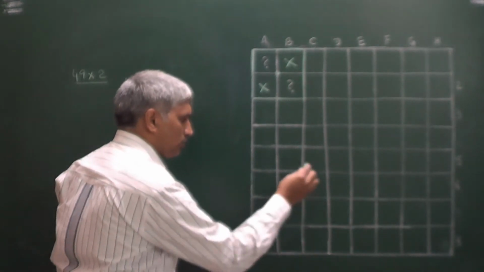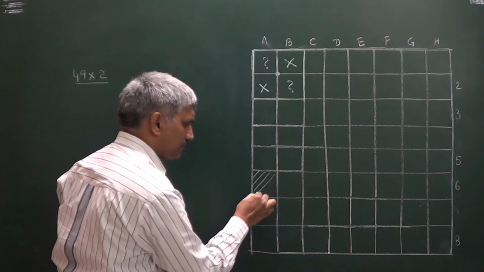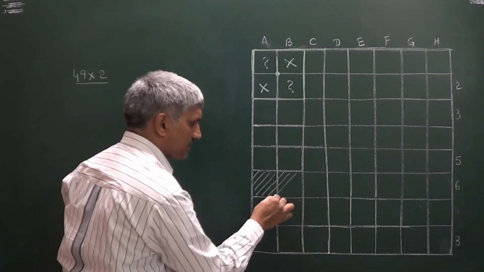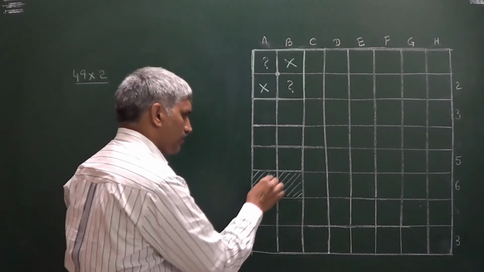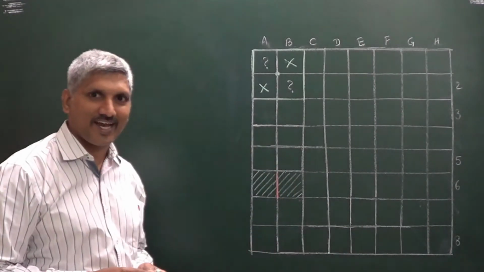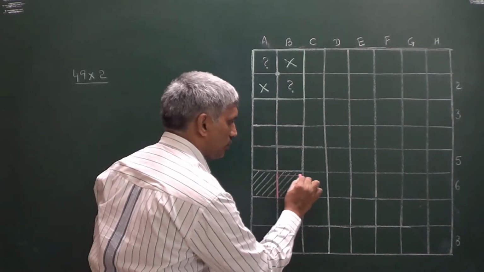Suppose in this row I am selecting these 2 squares. If we select these 2 squares, you can observe this side is common or not. This is a common side. Suppose you can select these two squares also.